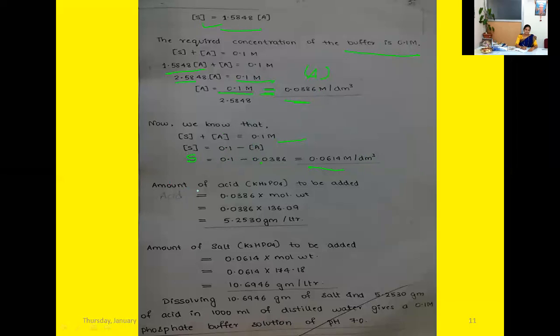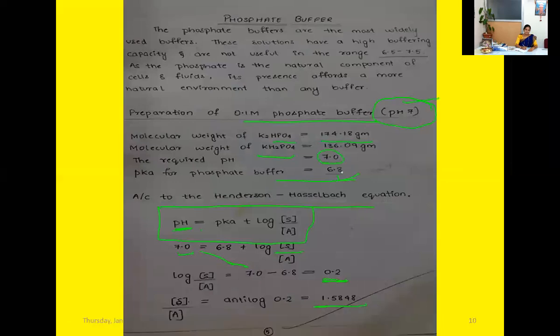Now let us go through the amount of acid, that is KH2PO4, to be added, or how much you need to take of that particular acid. Here you take acid multiplied with molecular weight. This is the acid, 0.0386, into the molecular weight of KH2PO4, which is 136.09.